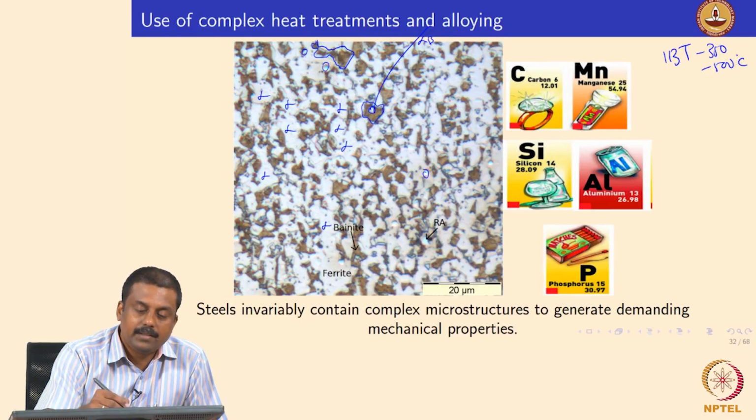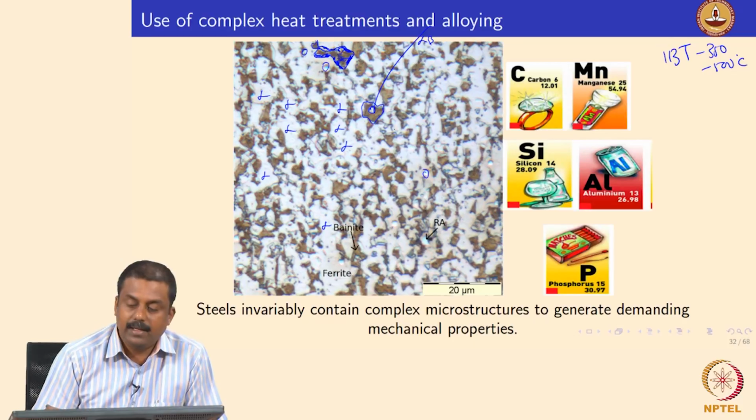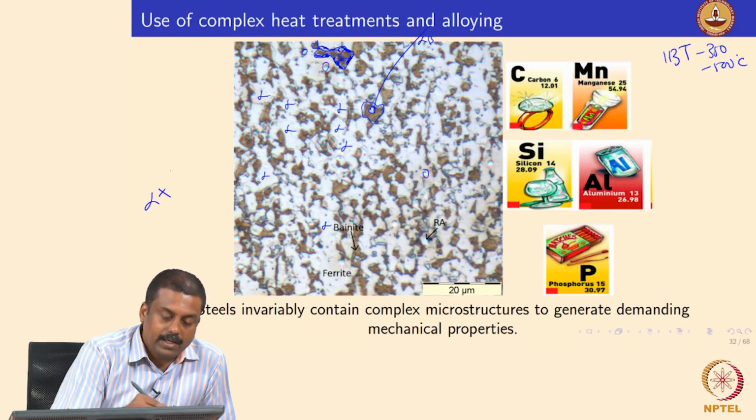You see we have a formation of bainite happening here, and carbon is also getting pushed to the untransformed austenite. Upon sufficient enrichment, you see the stabilization of retained austenite in these regions. Now we have a 3-phase microstructure containing ferrite, bainitic ferrite and retained austenite, right.